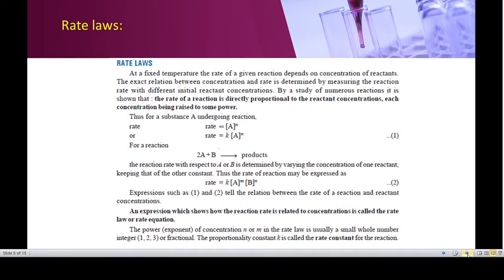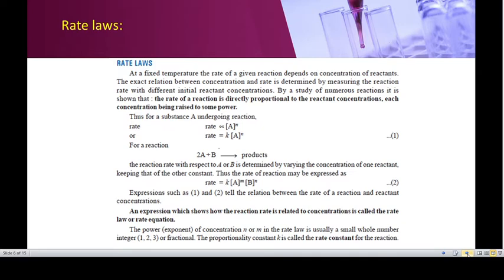And now let us see what the rate law is. When you have a reaction, say a reactant A gives a product, if the concentration of reactant A is raised to some power, say n, then according to the rate law equation, the rate of reaction is directly proportional to the reactant concentration raised to some power.